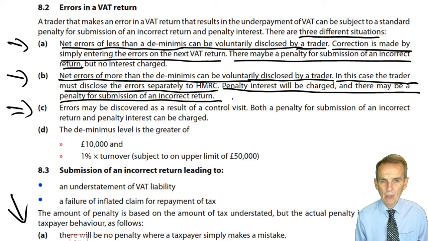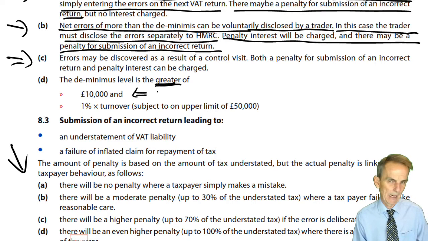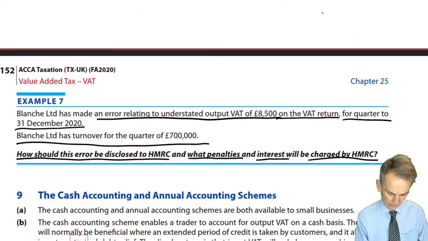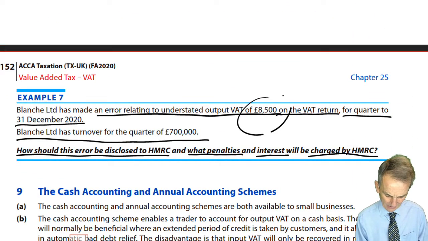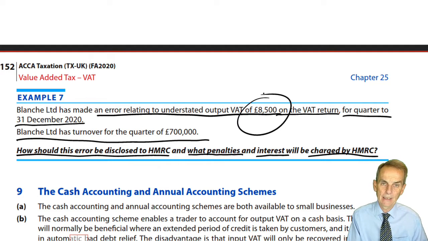So what do we mean by this de minimis level? Well, here we go, and the important word here is that it is the greater of. And there you can see that first figure, £10,000. We'll have a look back to the information in the question that we've got here, and we can see that the understated output VAT is only £8,500.